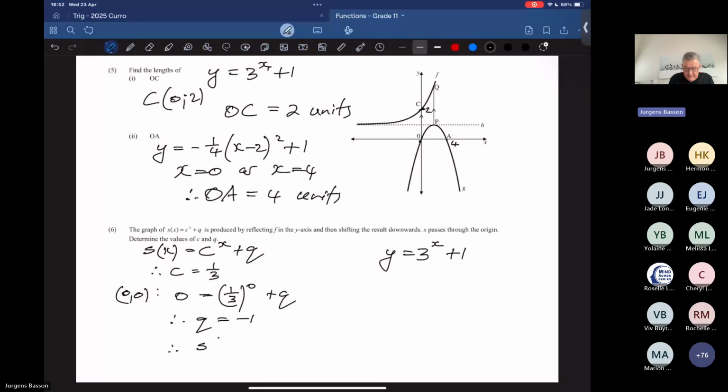So now S(x) will be a third to the x minus 1. I think you will agree that it was reflected because of the 3 that became a third. It moved also vertically. They told us so. There's a shifting downwards. You will see it was at 1, now it is down at minus 1. So there's a movement down of 2 units.